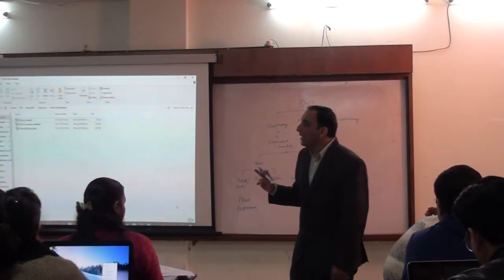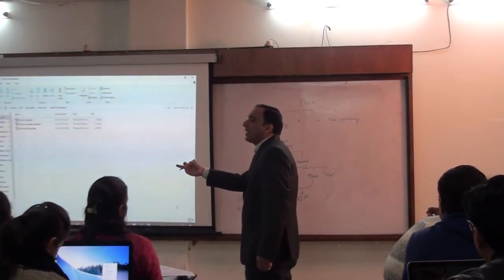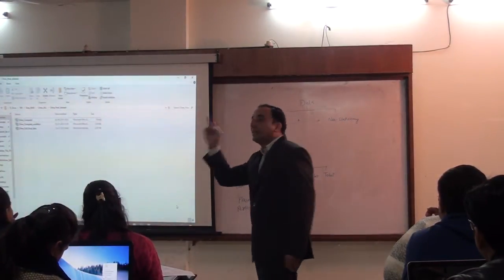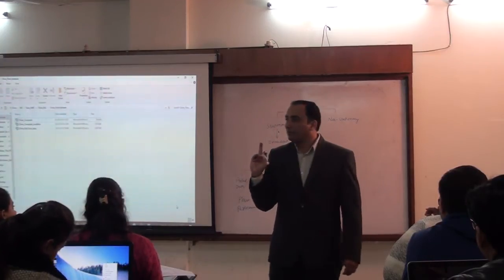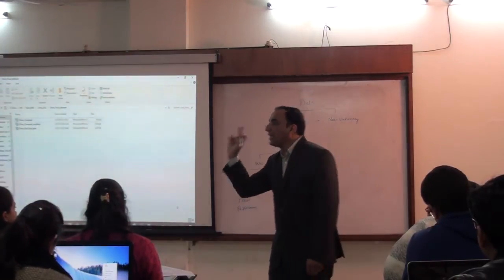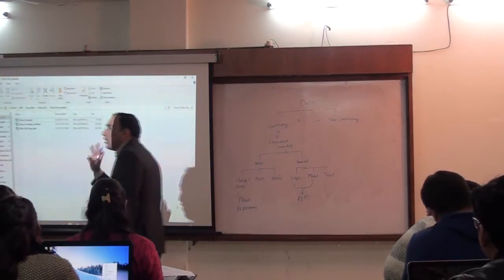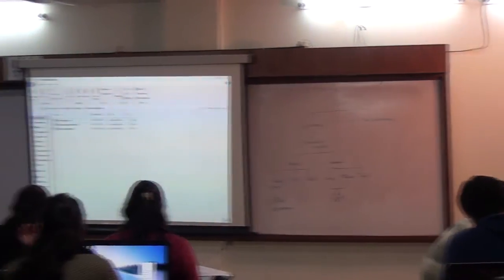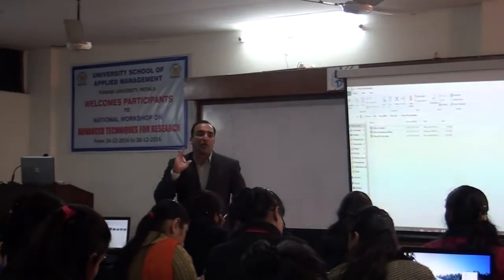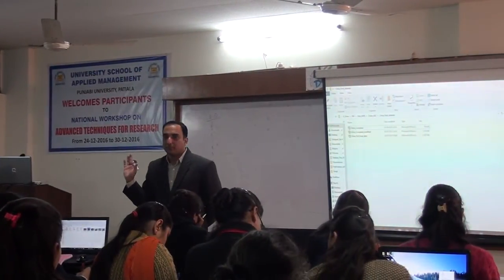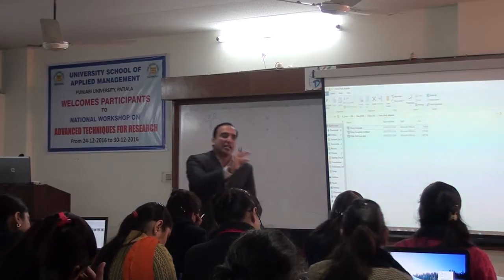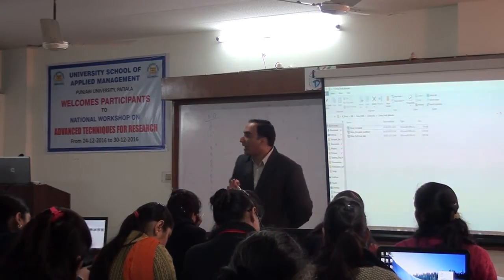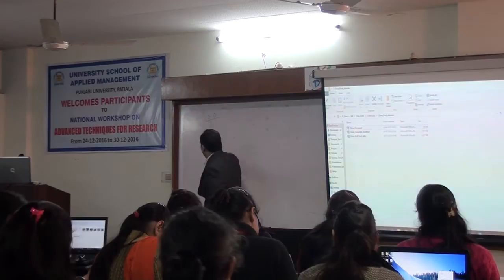Similarly, if your dependent variable is a categorical variable, then also you have to use REM. So in panel data, always remember that if any of my variables is a categorical variable, whether it is dependent or independent, I cannot use FEM. Because FEM will create dummies for different cross sections, and there will be a problem of perfect multicollinearity.